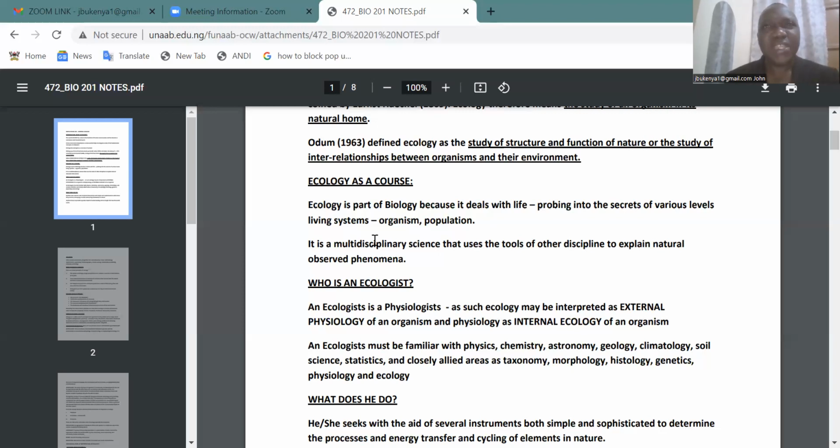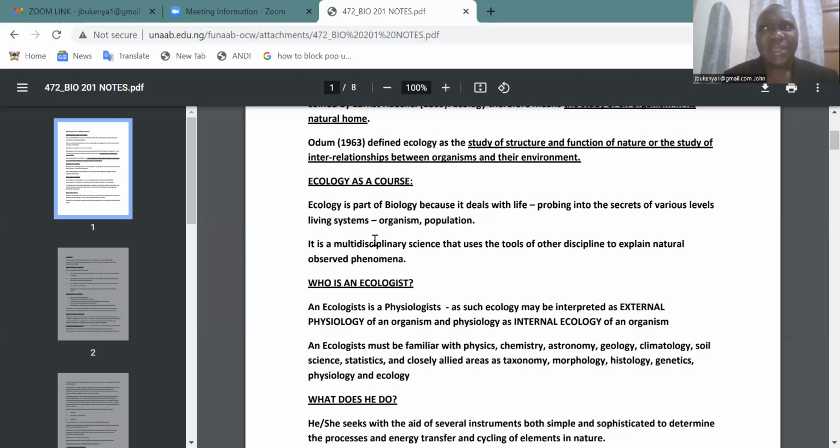In other words, a community is a biological unit or a biotic community, a group of organisms of different species, different populations, coexisting, living in the same geographical area. That one is a community.